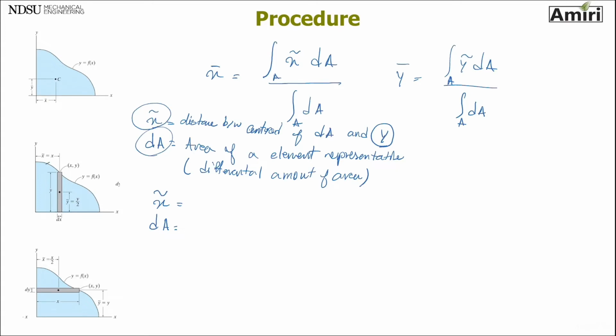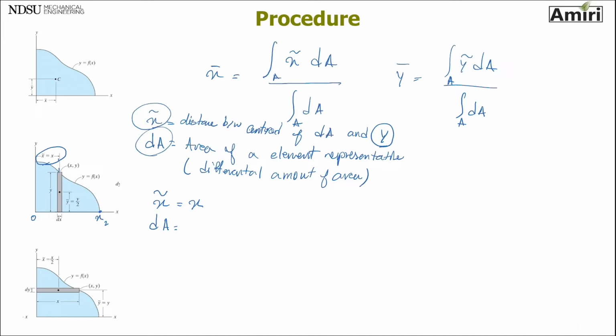So it's right there. And this area can be anywhere from 0 to this x, let's call it x2, this point. But at any given time, for any arbitrary element that I draw, this x tilde is always the distance between the center of this rectangle and y-axis. So in this case, it's x.